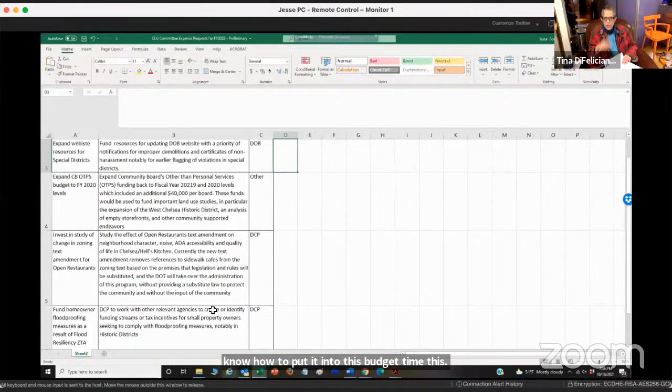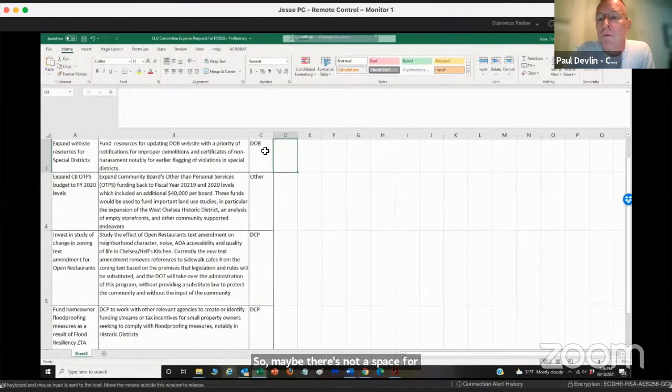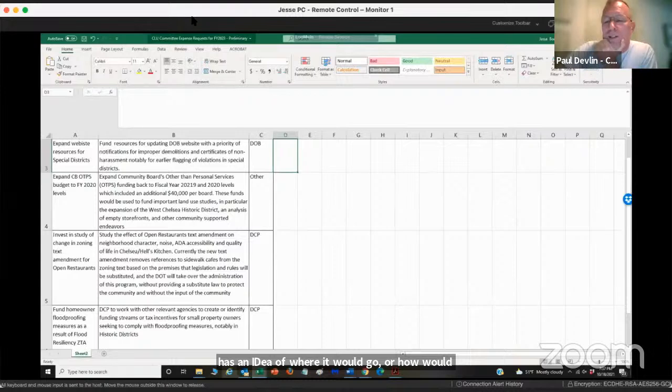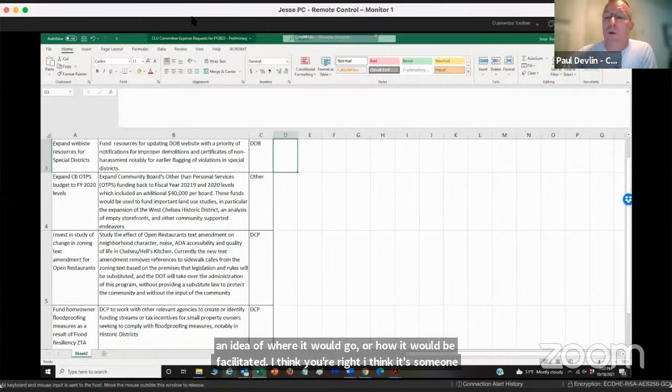Maybe there's not a space for it here, but the board in general would be able to fast track this because time is of the essence, and a study takes time, as you know, and so does getting the money for the study. So I'm just putting it out there, and maybe someone smarter than I has an idea of where it would go or how it would be facilitated. I think someone smarter than me has to figure something out. I'd love to think that the community board could expedite something moving through this city. That would be a remarkable thing if we had that power.